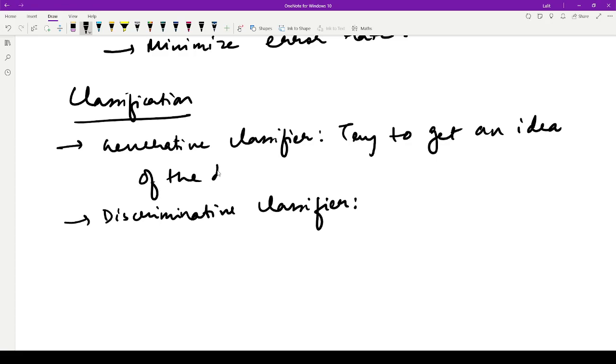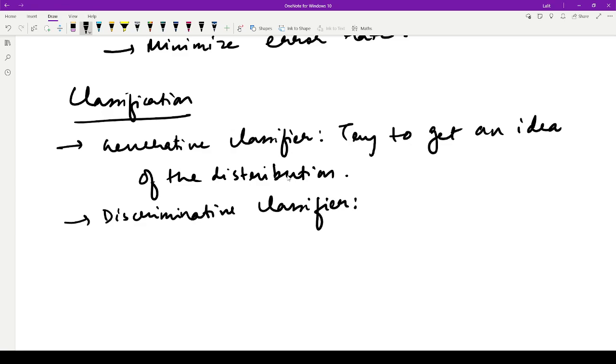For instance, you assume a Gaussian distribution, and based on that, you estimate the parameters of the Gaussian distribution, which are the mean and the variance. Once you estimate the parameters, you can also generate data from the given distribution. That's why it's a generative classifier.